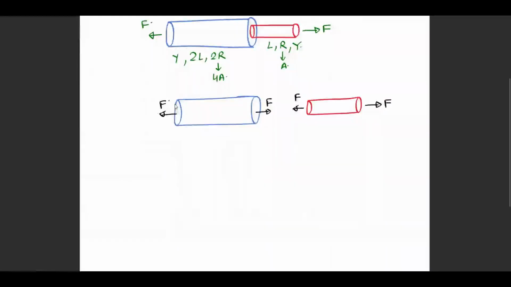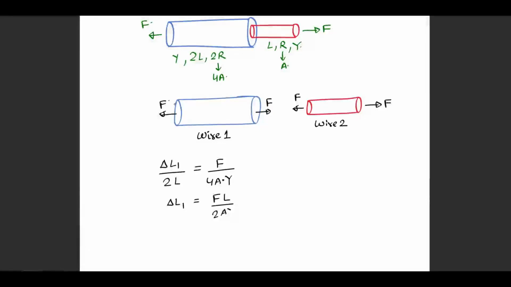Now, if I write this as wire 1 and this as wire 2, elongation in wire 1 divided by 2L is equal to force divided by cross-sectional area into Young's modulus. So delta L1 then will be FL by 2AY.